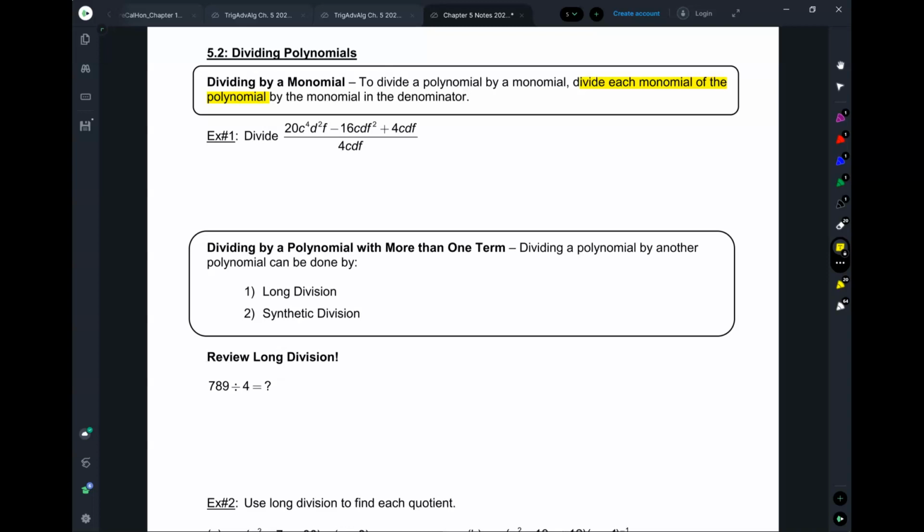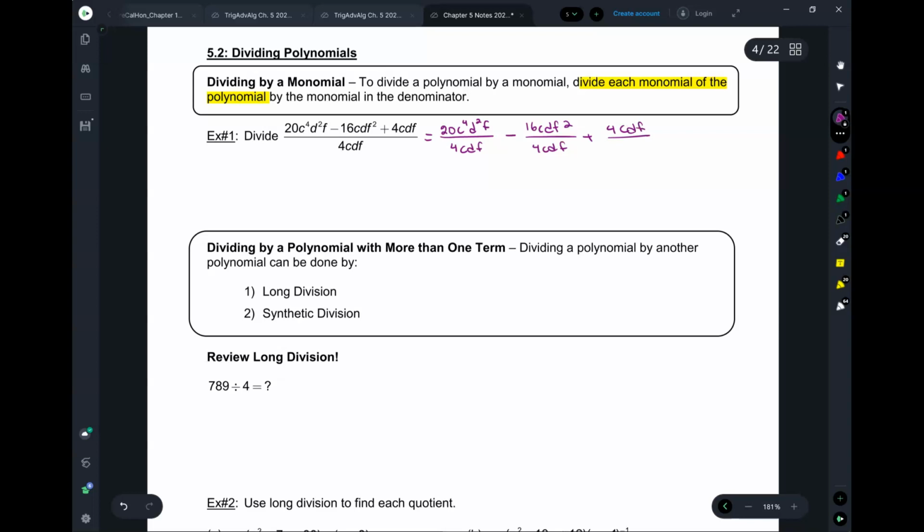So basically each one of these gets divided by the denominator, right? So essentially what that looks like is you have the first term divided by 4CDF, minus, right, because there is a minus there, the second term divided by this, and then plus 4CDF divided by 4CDF.